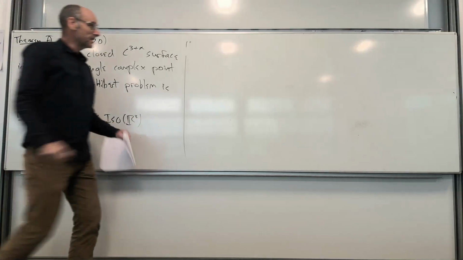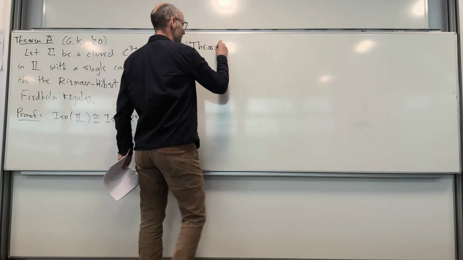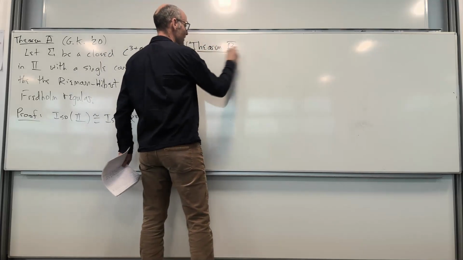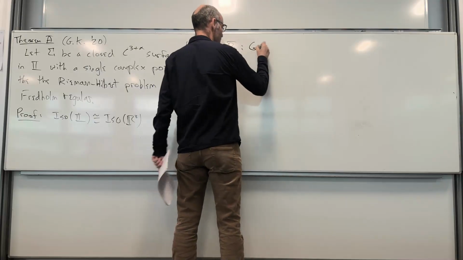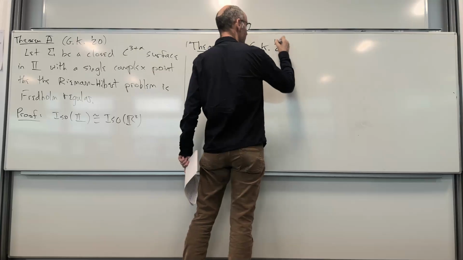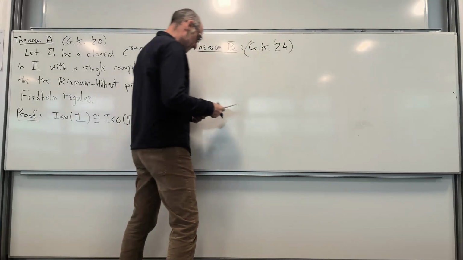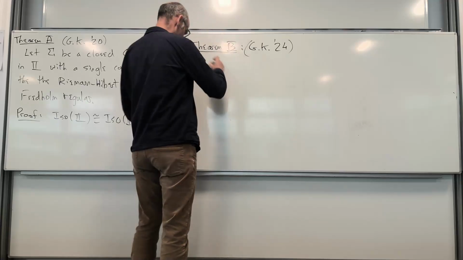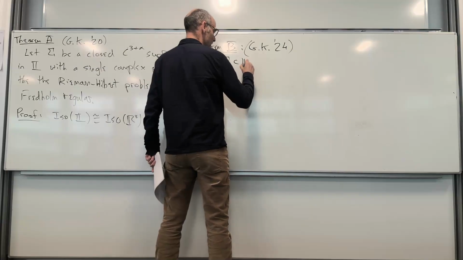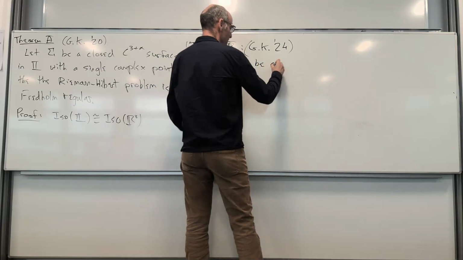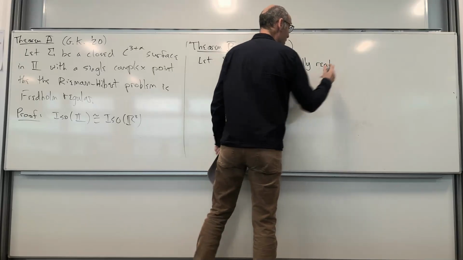Okay, so the other theorem, theorem B, runs counter to that in some sense. This is more recent, from 2024. So again, let me write it down: sigma is totally real. When I say totally real, I just mean it has no complex points.